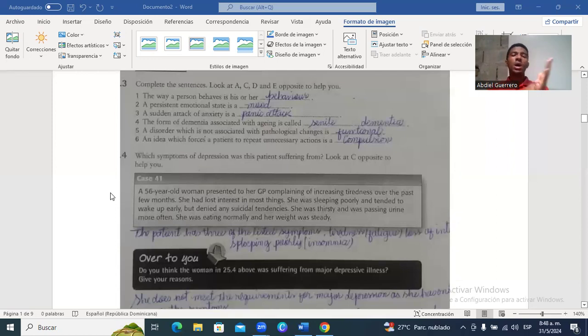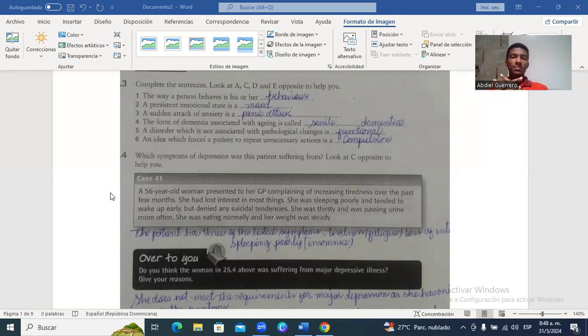Which symptoms of depression was this patient suffering from? Look at the opposite to help. Case 41. A 56-year-old woman presented to her GP complaining of increasing tiredness over the past few months. She had lost interest in most things.